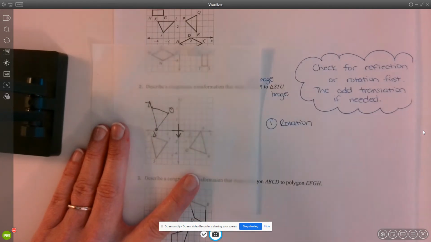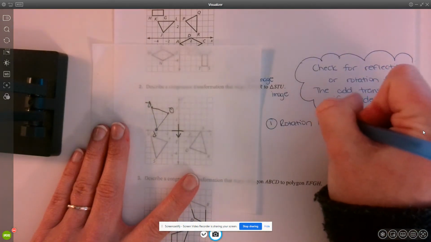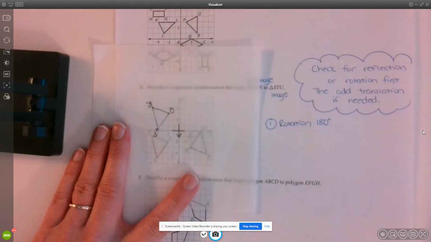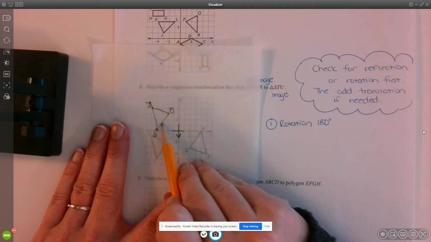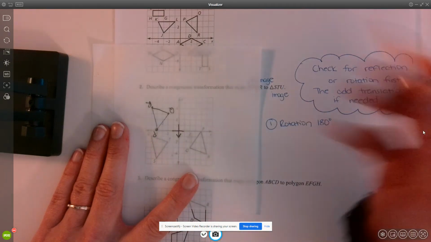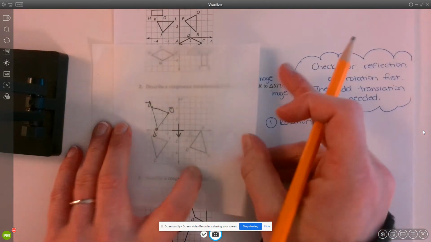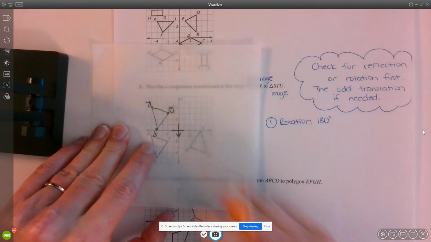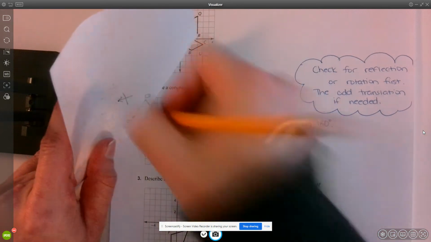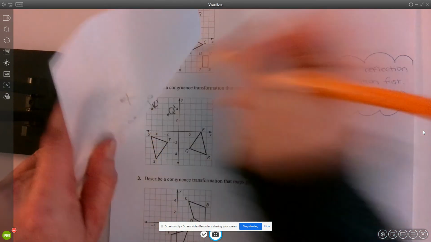So I need to do a rotation of 180 degrees first. And what I'm going to do for myself is actually draw this new triangle on the graph after I do that rotation. So I'm going to go ahead and mark this new figure onto the graph.